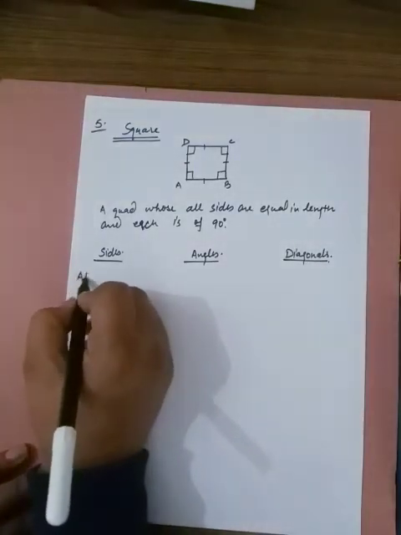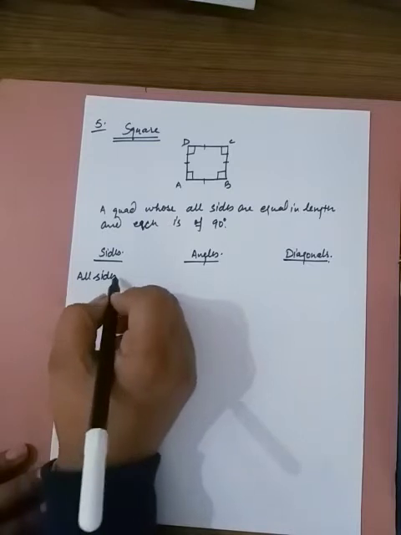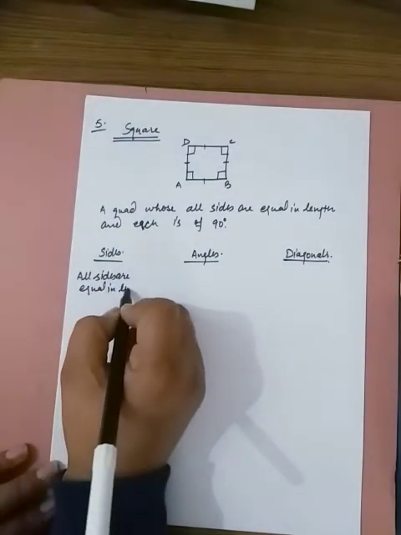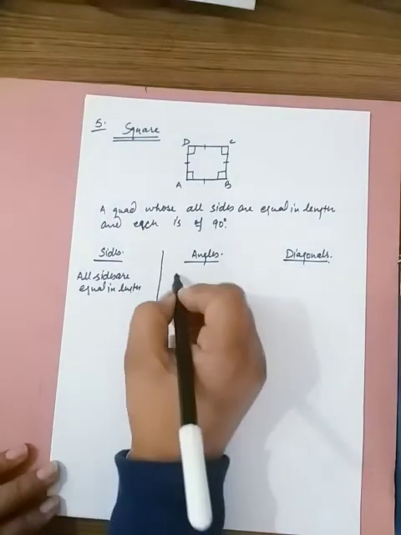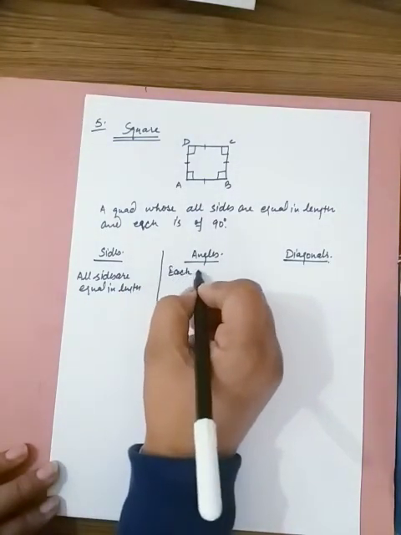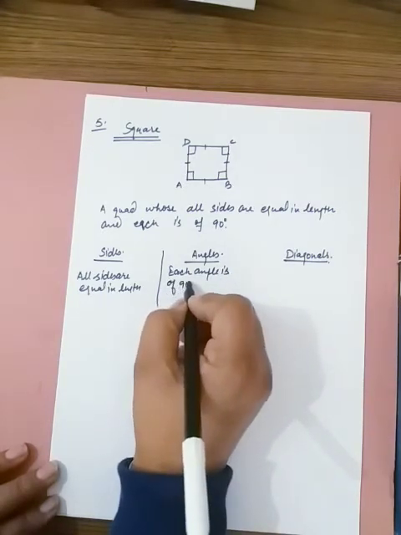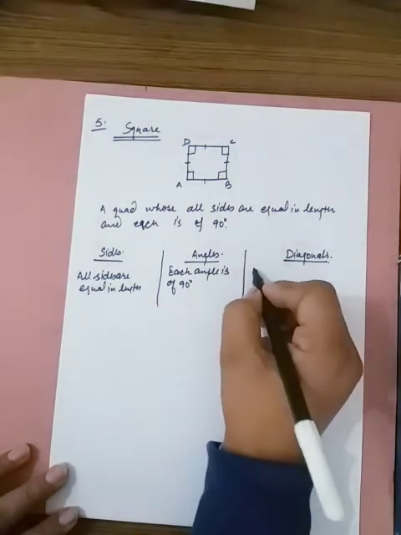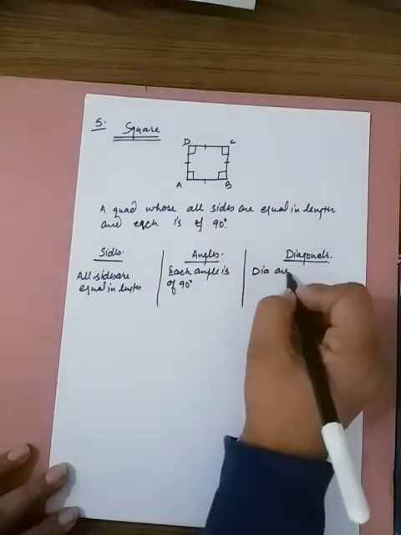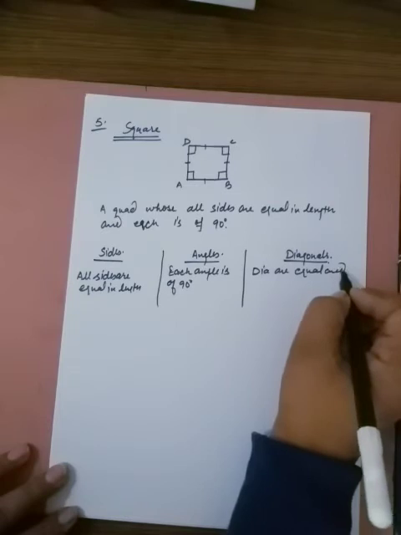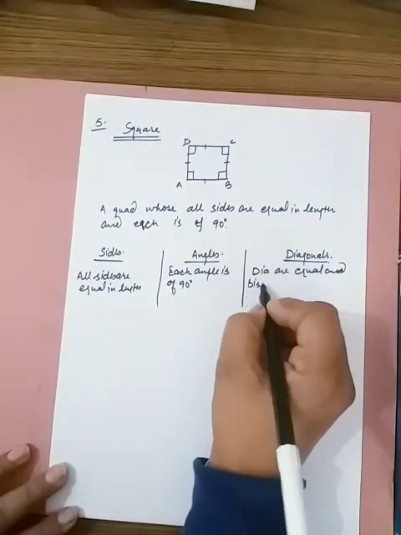Sides, all sides are equal in length. Each angle is of 90 degree. And about diagonals, diagonals are equal and bisect each other.